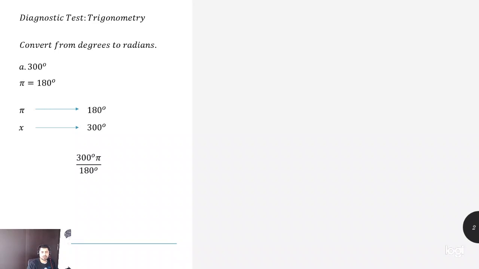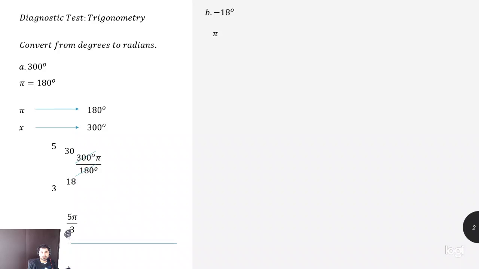We just multiply 300 times pi over 180. Then we simplify 0 with 0. So we have 30 over 18, and then 30 over 6 is 5, and 18 over 6 is 3. So at the end, we came up with 5pi over 3.